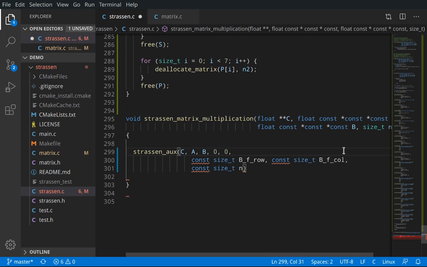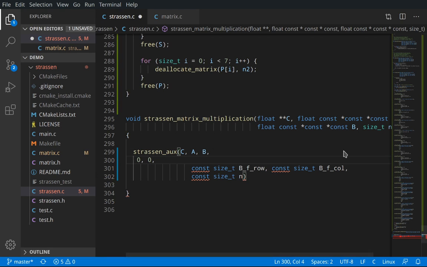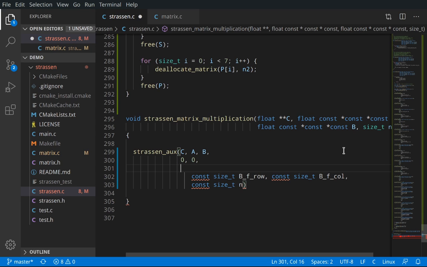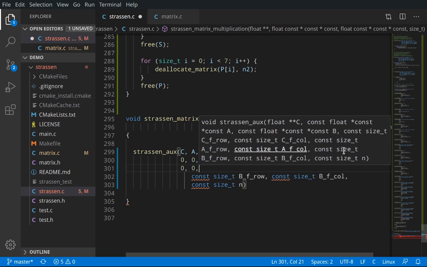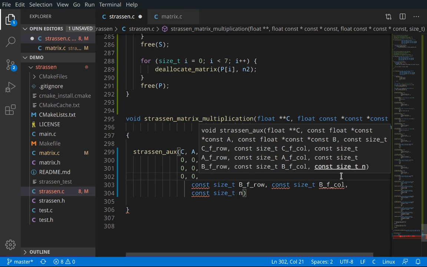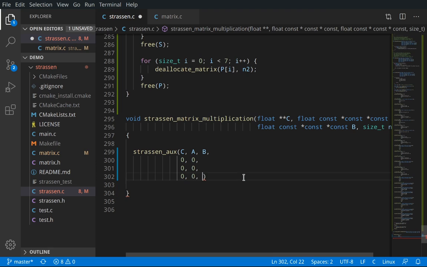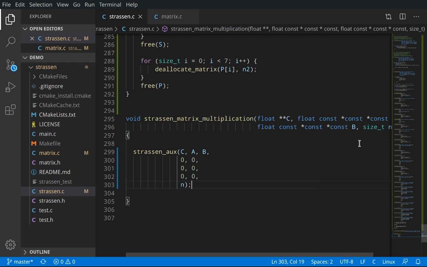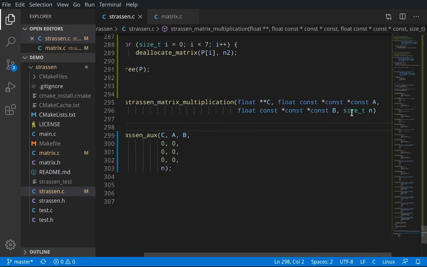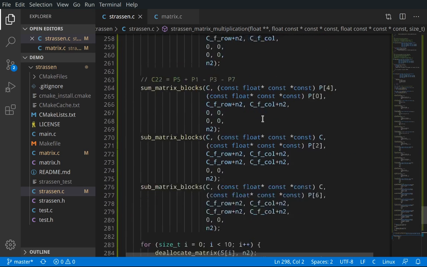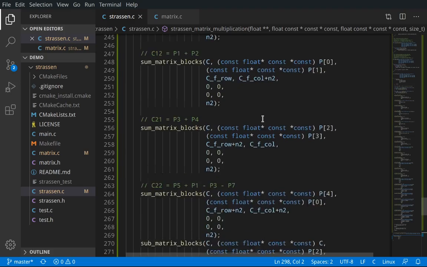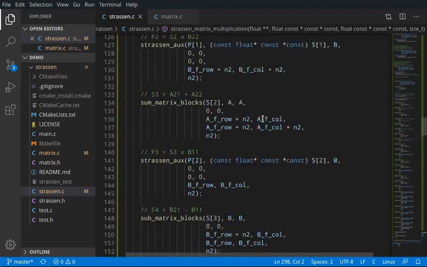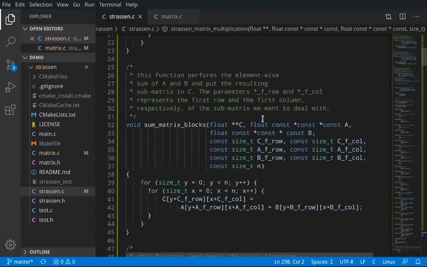So 0 0, let me go back here, 0 0 again, and 0 0, and finally n, which is the last parameter of the Strassen matrix multiplication function. Okay, so this is it. This is the implementation of our function and of the Strassen algorithm.